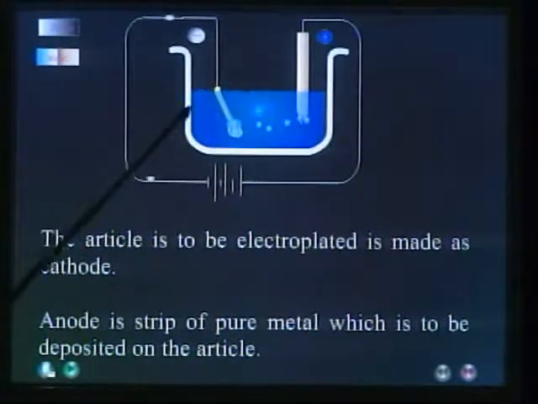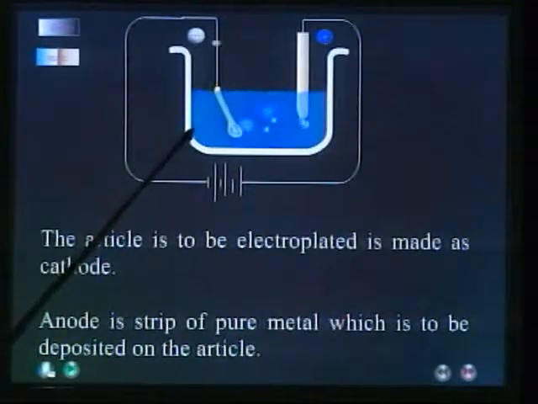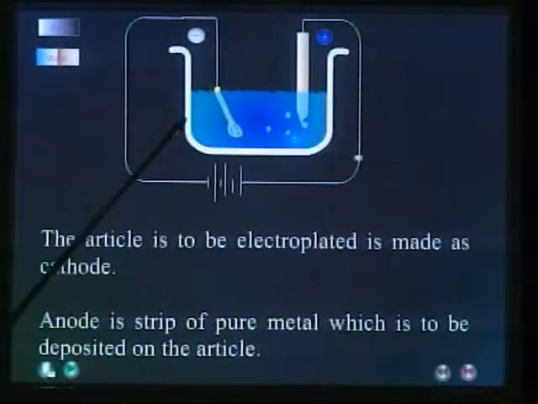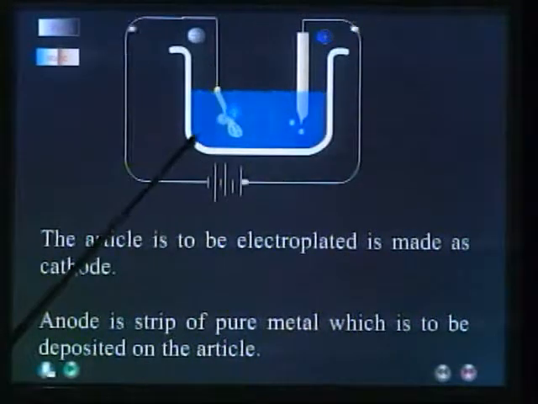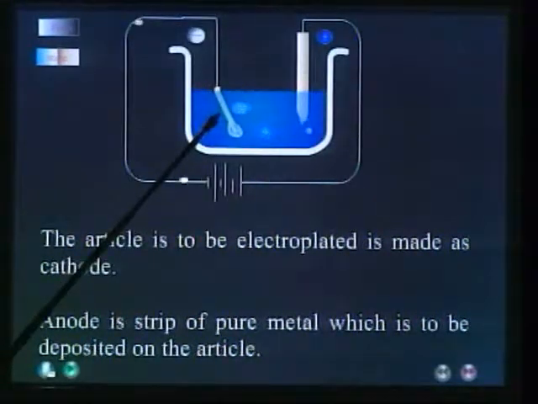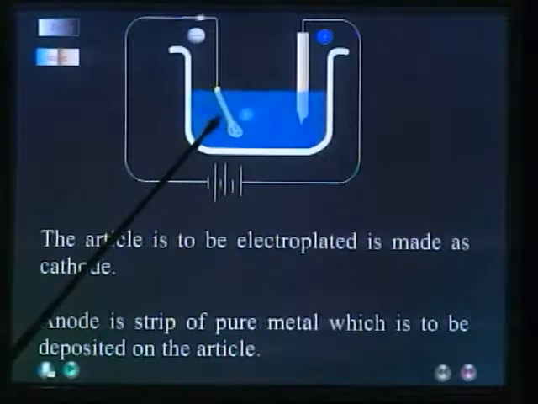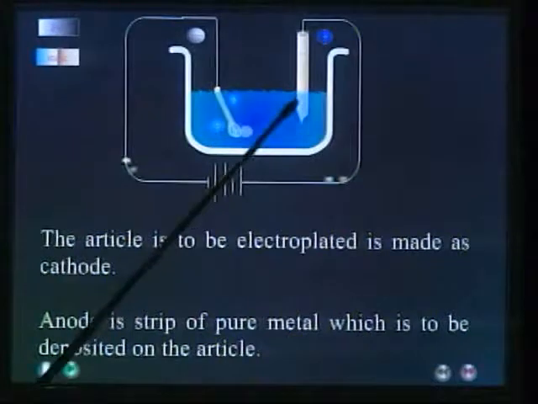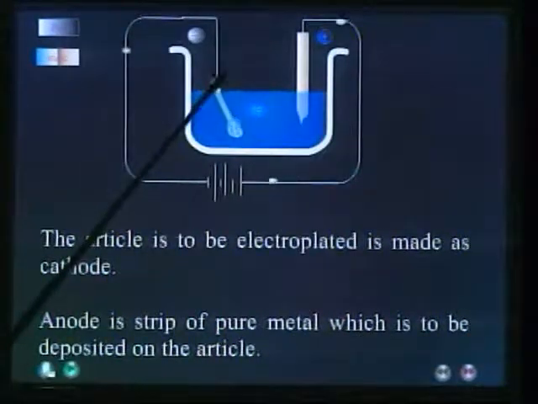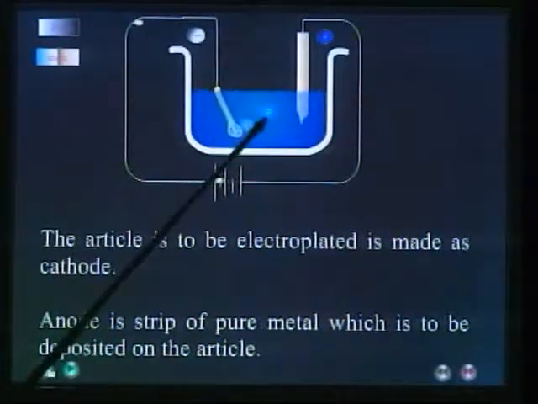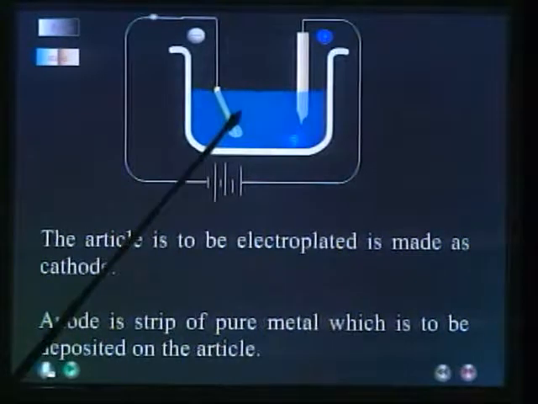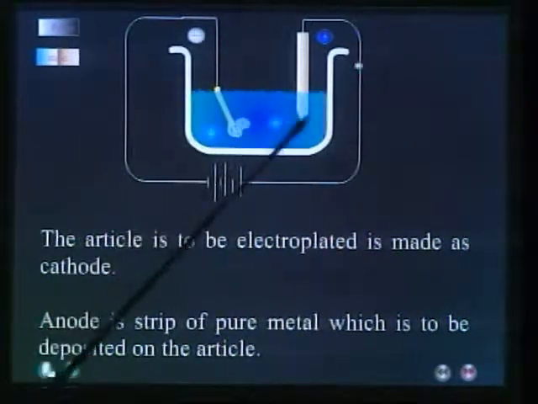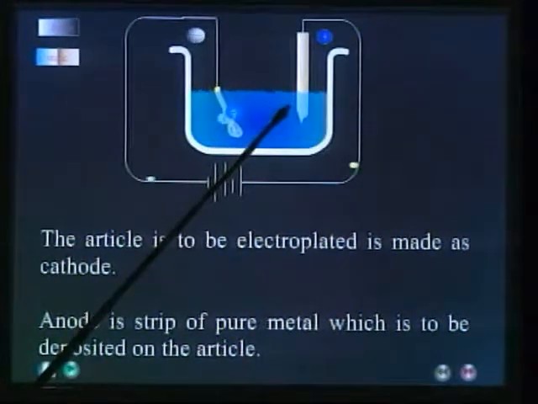The electrolytic cell used for electroplating consists of a rectangular steel tank in which the article to be plated by some other metal is always taken as cathode. The metal which is depositing on this article is taken as anode. These two electrodes are kept in a solution whose ion is coming from the anode after oxidation.